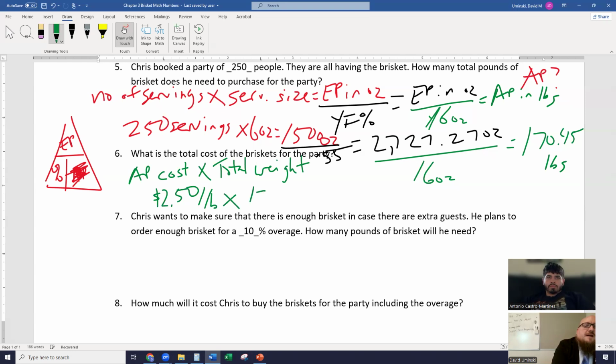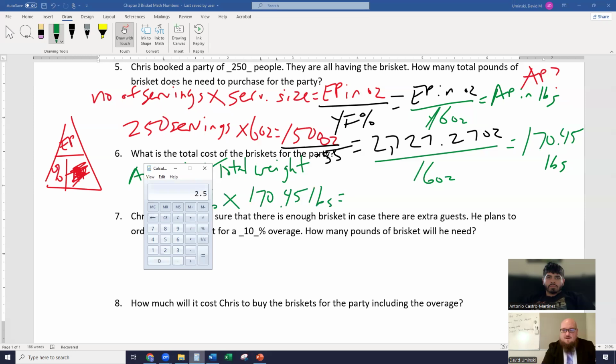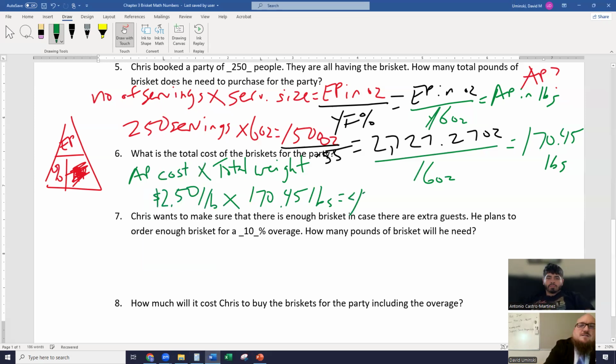We multiply it by 170.45 pounds, which gives $426.13. It's going to cost Chris $426.13 to buy all the brisket for 250 people.